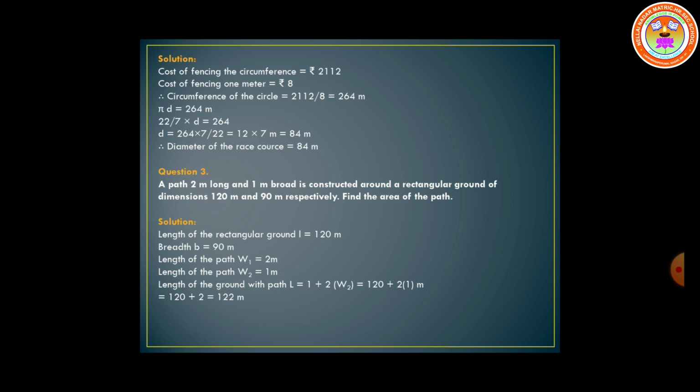So length of the ground with the path, capital L, is equal to small l plus 2 W2. That is 120 plus 2, which is 122 meter.